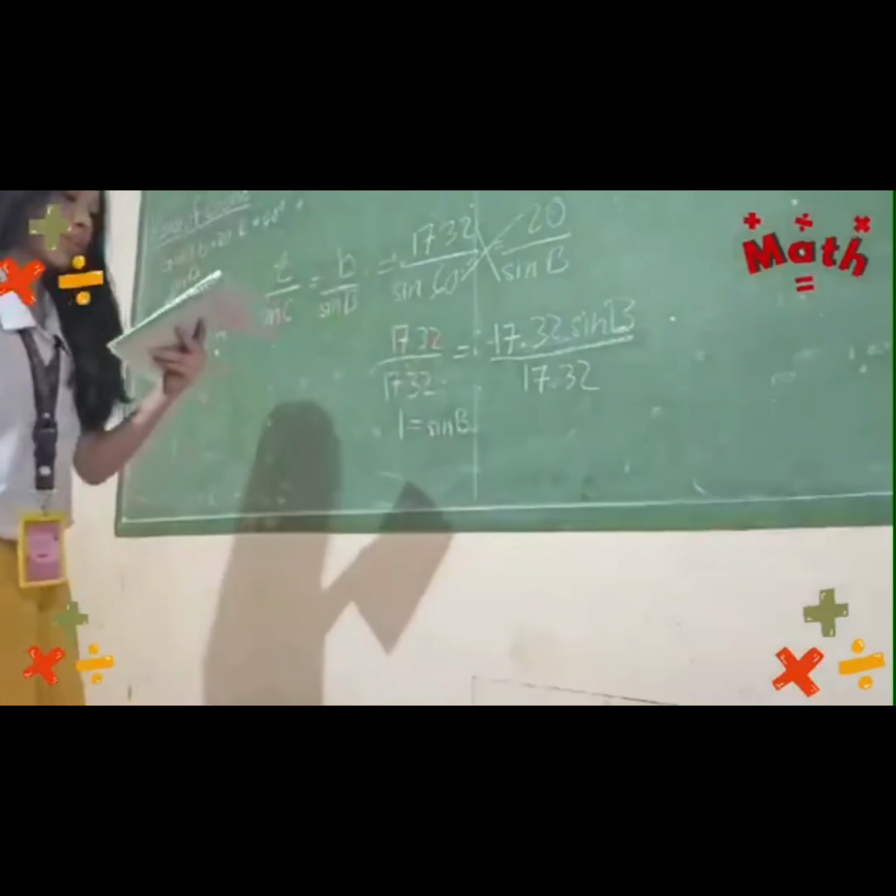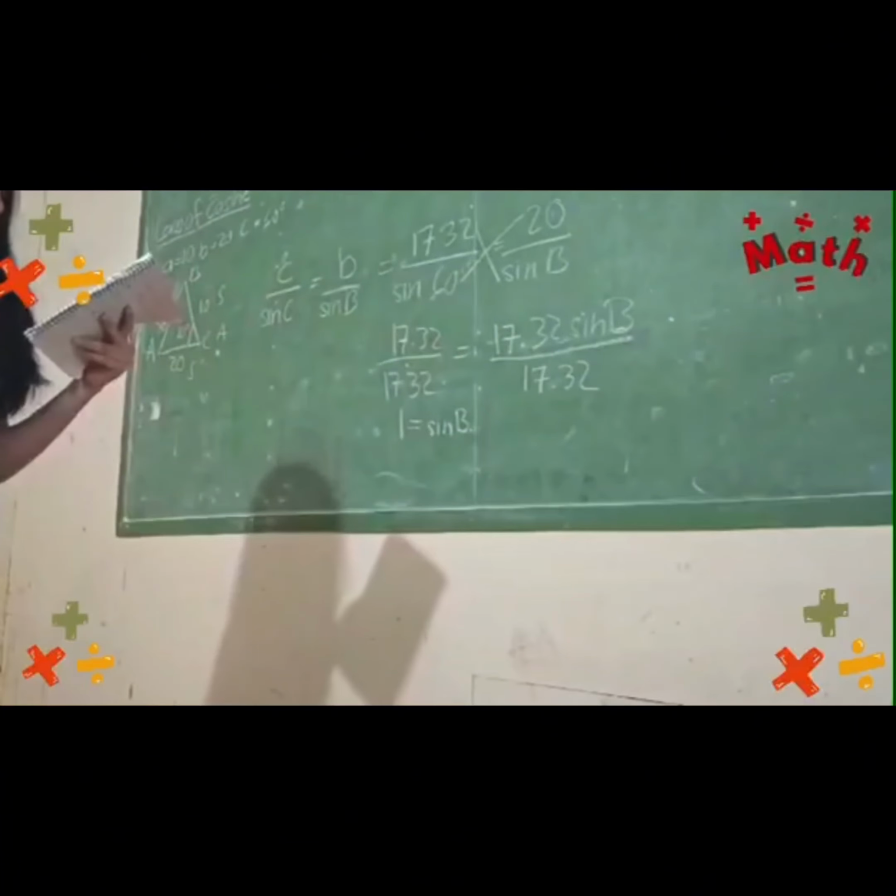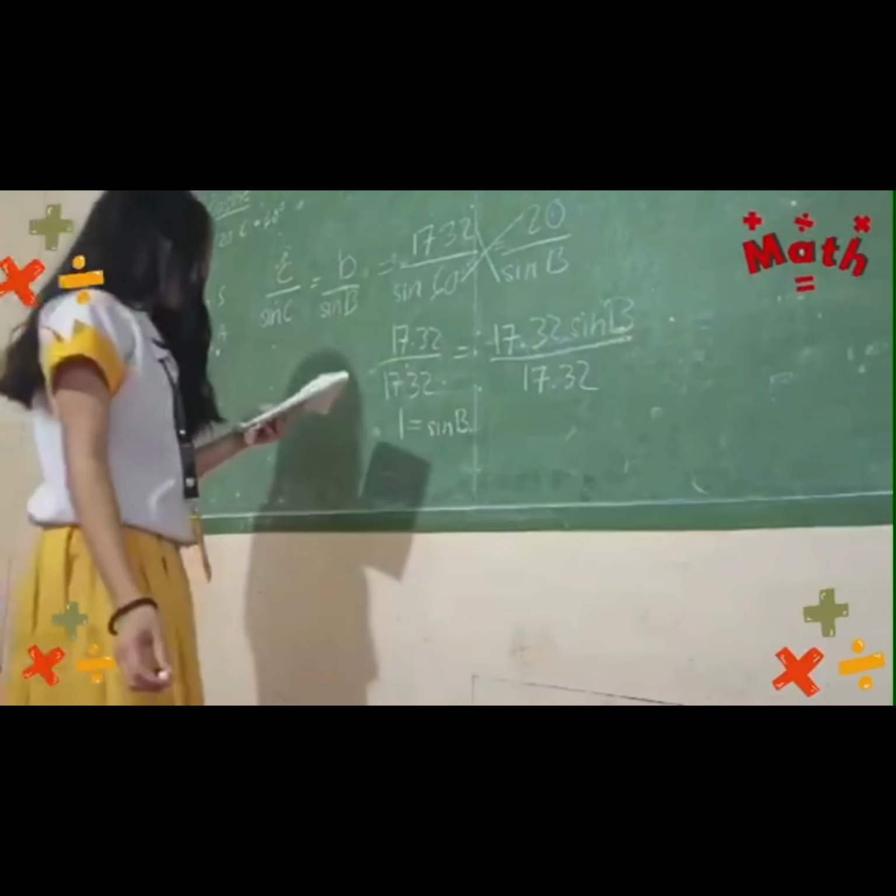Therefore B is the arc sine of 1, which is 90.